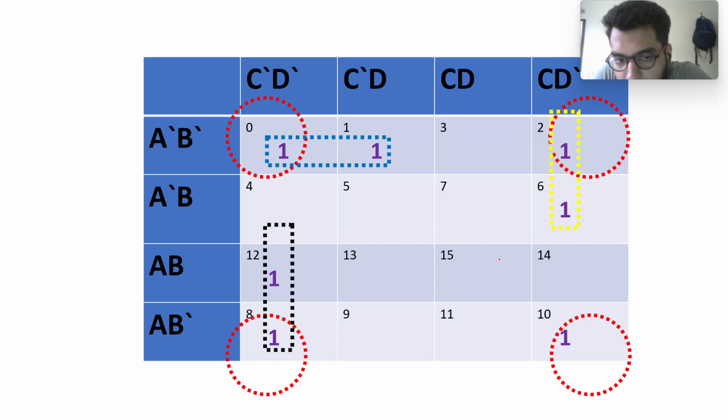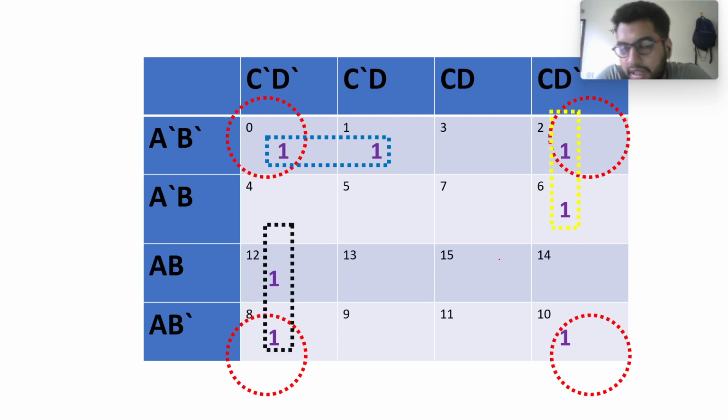If we carefully look at this, let's first look at the pairs. The pairs covering minterms 1, 12, 6 are covered by those pairs only. They are not covered by any other prime implicant. So the prime implicants from these three pairs are essential prime implicants, and the essential prime implicants always appear in our final solution.